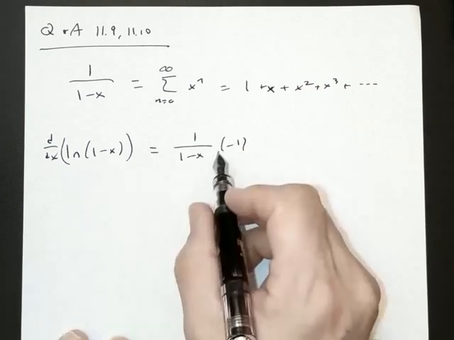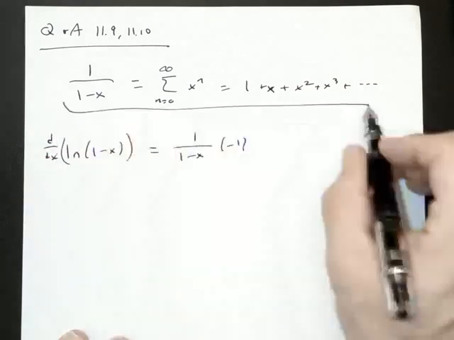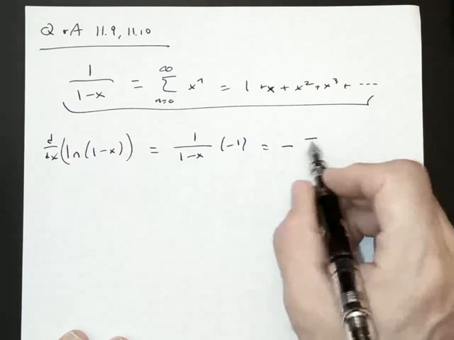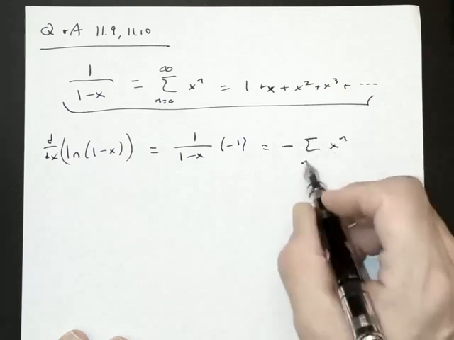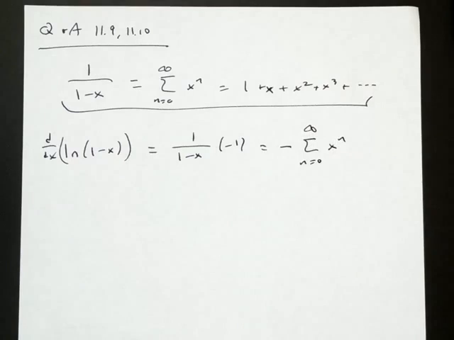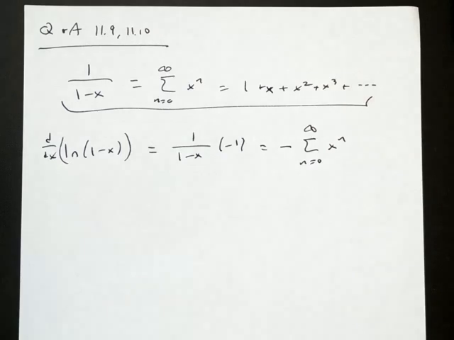So really, if I want to deal with this, I have that right here. Now you want to get this, you have to deal with the minus sign, you have to take the integral term by term, and then you're in exactly the right place.